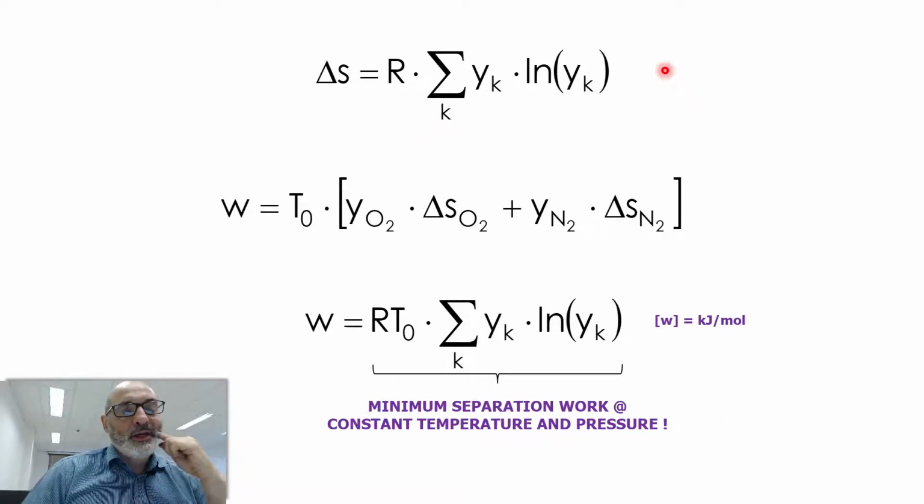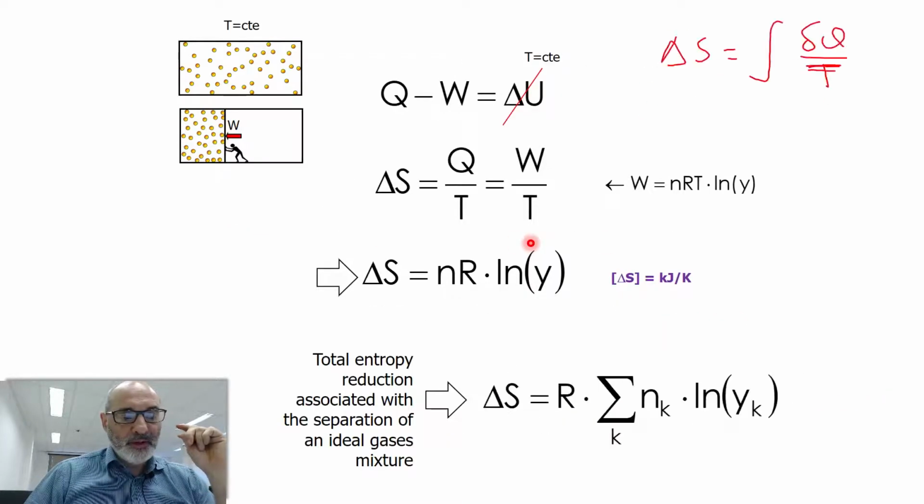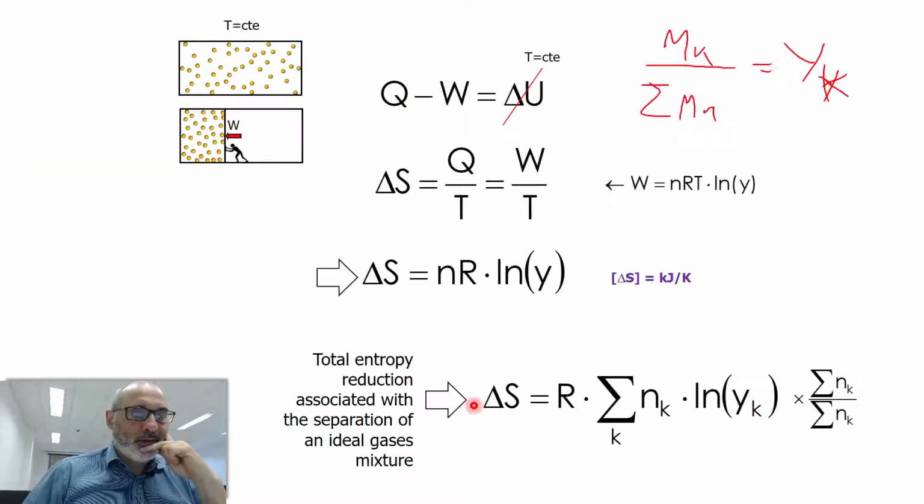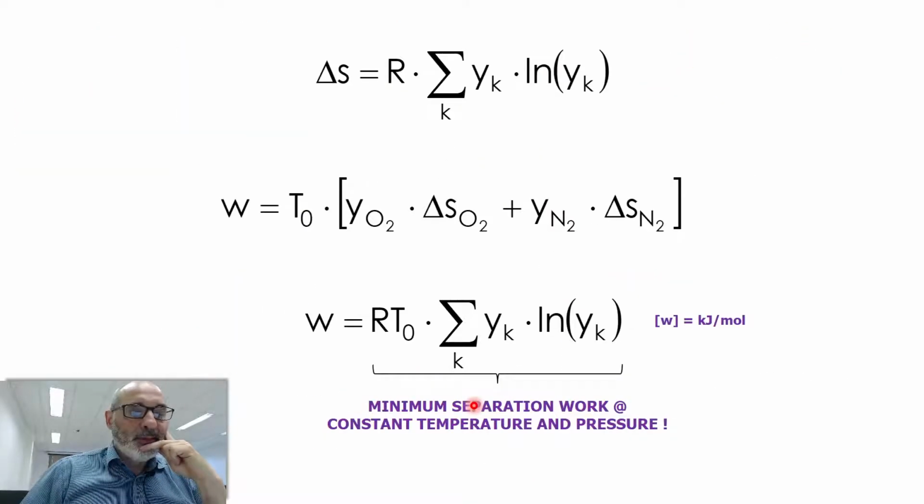I'm just transcribing the formula here. A few slides back, we had the minimum specific separation work. I don't know if you remember, it was here. I just transferred that to here.